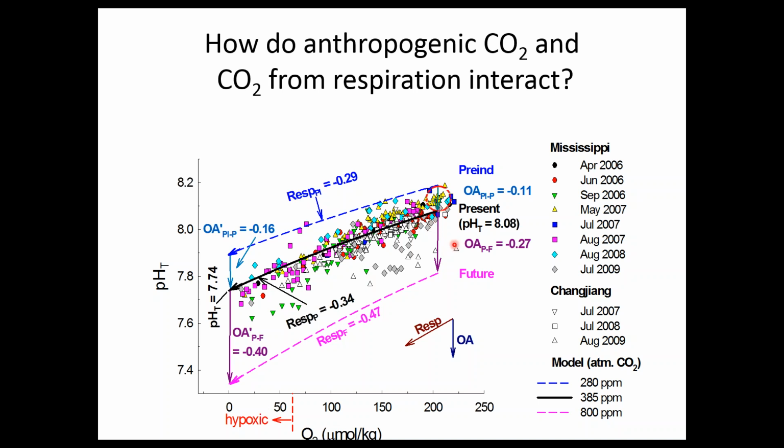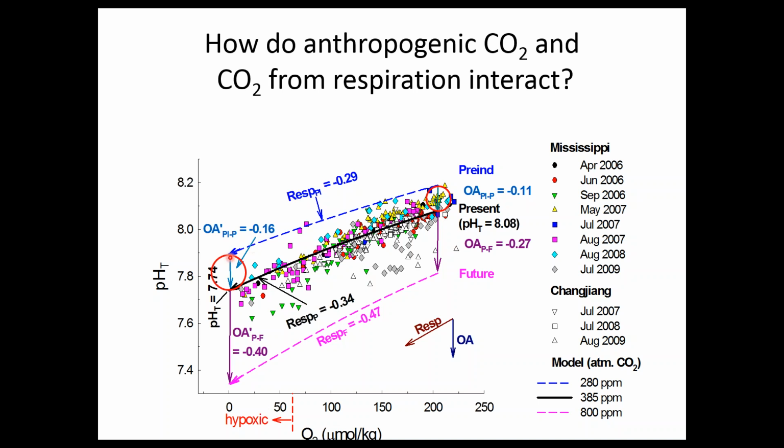Now, what I want to emphasize is this is what we define as ocean acidification in the open ocean, or in the open Gulf of Mexico. Here we would see a 0.11 pH unit decrease from increased atmospheric CO2 from 280 to 385 ppm.